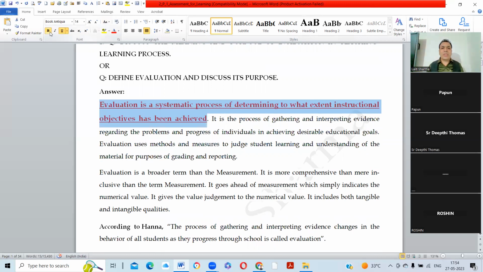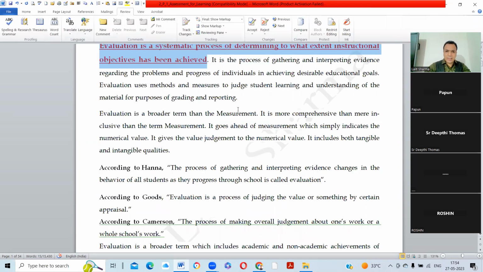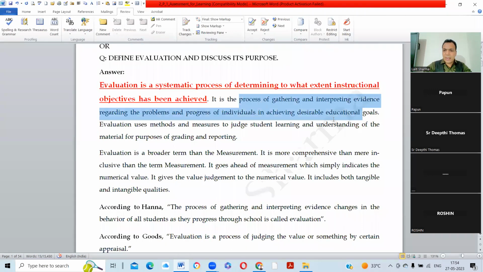Evaluation is a systematic process of determining to what extent instructional objectives have been achieved. Whatever you have taught in the whole year, the evaluation of the student, the result of the student will tell, right? So guys, आगे वही चीजें सारी हैं ना. I have already discussed ना. It is a process of gathering and interpreting evidence regarding the problem.